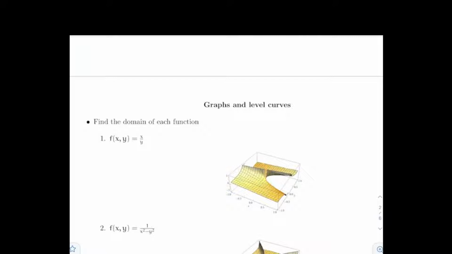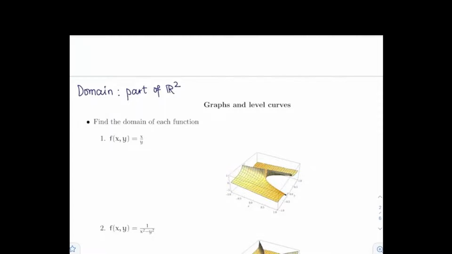But what is the domain going to look like? The main difference is that now our domain will be part of R2, okay? So it will be a region, not necessarily just a straight line, right? Or a portion of R.